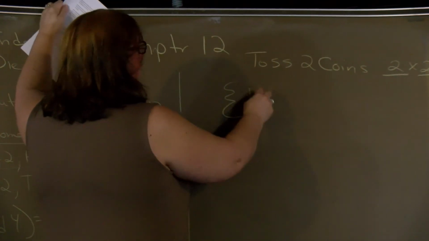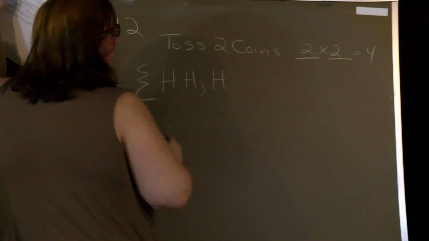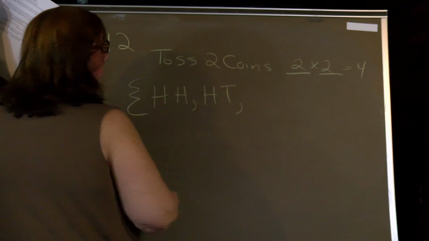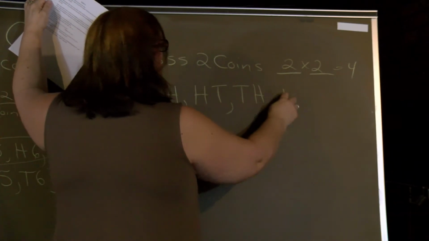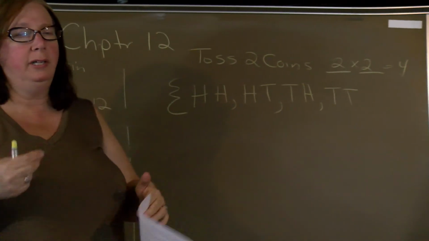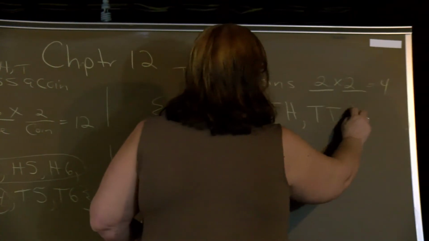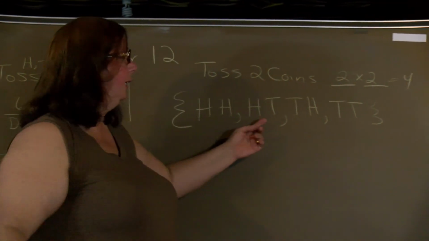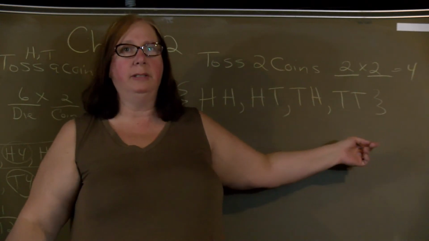You'd have 2 heads. The first coin could be a head and then a tail, but the first coin could have been a tail and the second one a head, and then 2 tails. So the order does matter because you've got to think of it as the first coin and the second coin, which means you're more likely to have a head and a tail than both heads or both tails, which makes sense.